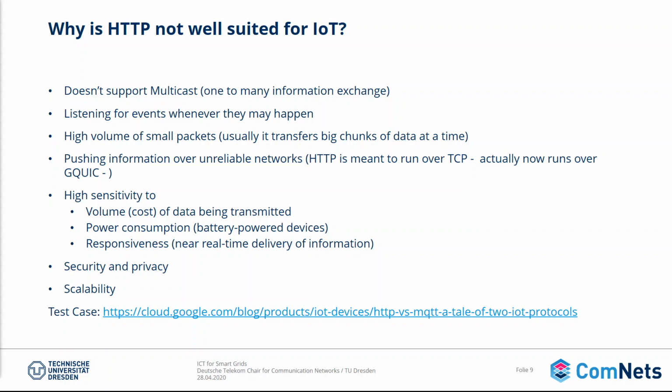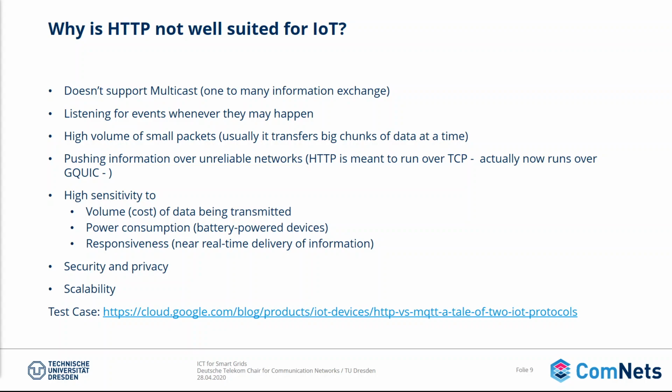And it's also very sensitive to responsiveness. So IoT needs a very crisp response. It needs a near real-time delivery of information, which might require at some points a bidirectional information transfer, which means that the sensor might need to send information to the gateway, and the gateway needs to send information to the sensors at the same time, which is not a function that is supported in HTTP.